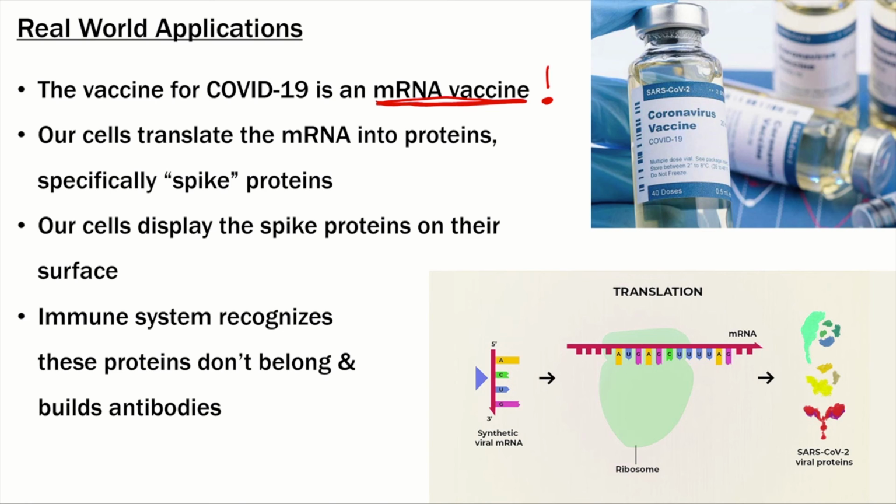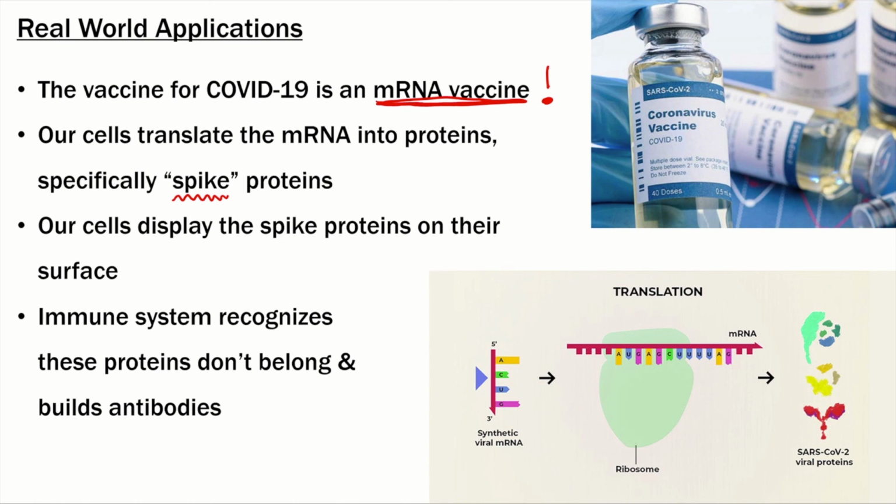We just talked about translation where we start with an mRNA and we translate that into proteins. So in the case of the COVID vaccine, our cells will translate that mRNA into proteins, specifically these spike proteins. And these are the proteins that are found on the surface of the coronavirus.